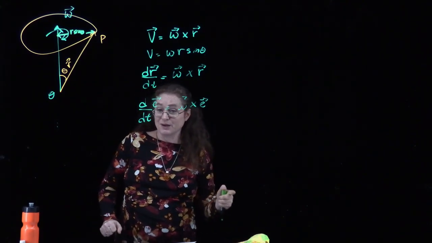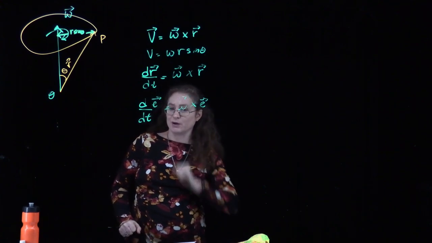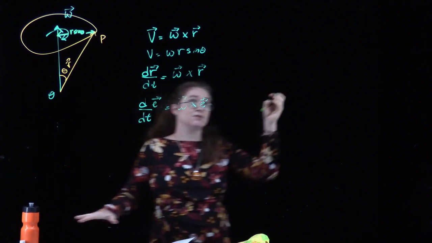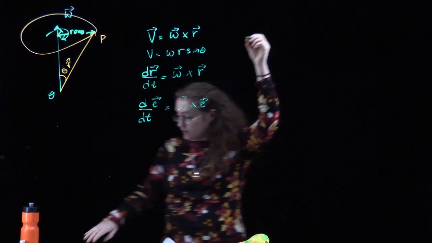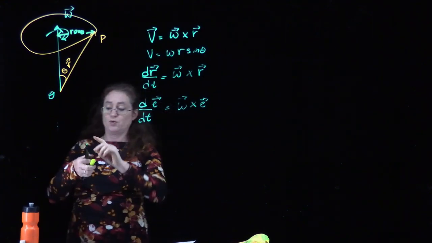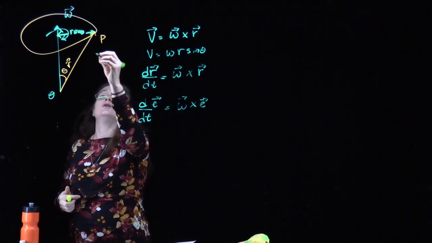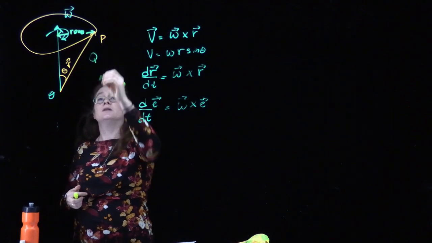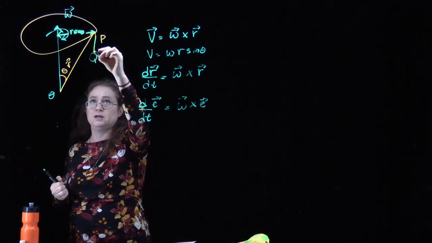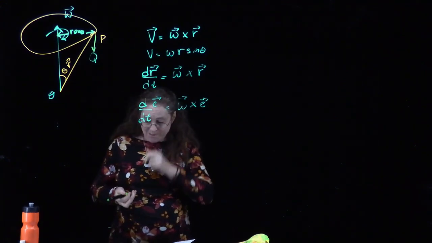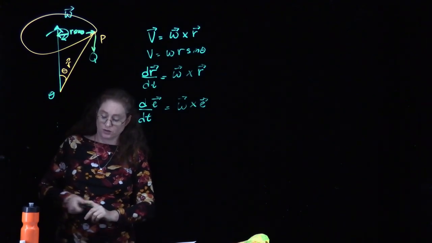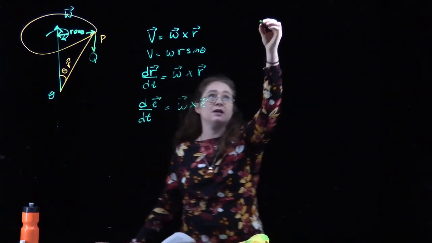You probably don't really care about a merry-go-round, but you might care about a hurricane. So we know that the velocities add. So if you have, let's put another point Q up here, and we want to look at the vector between P and Q. If we want to add velocities, velocities add.